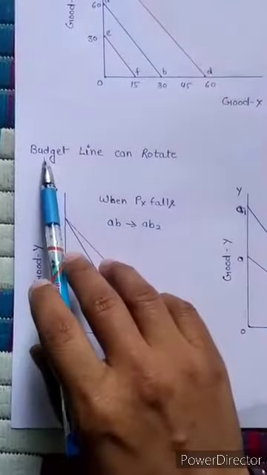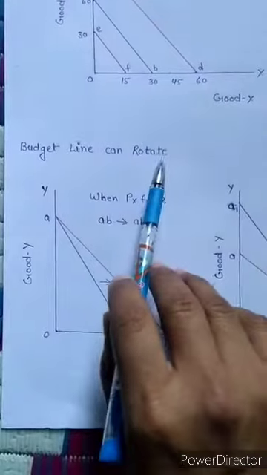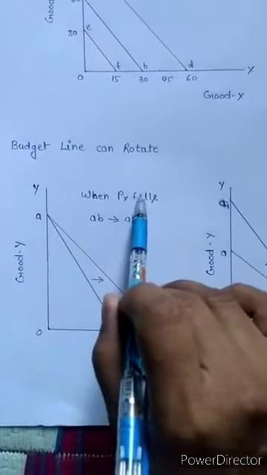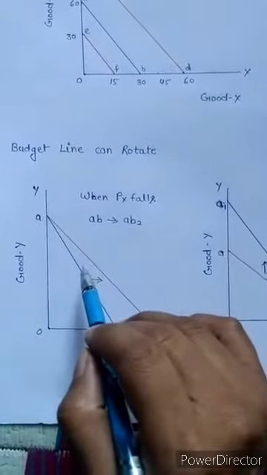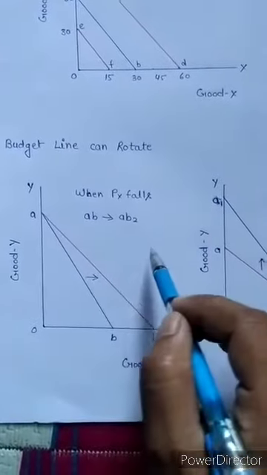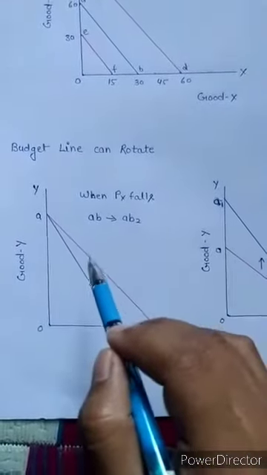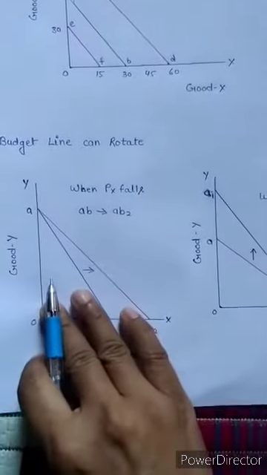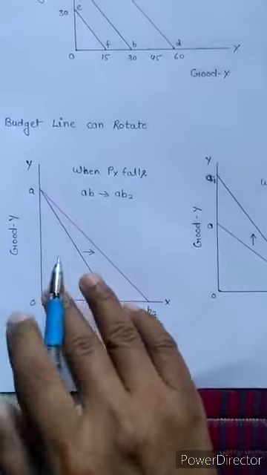Our next point is that the budget line can rotate. Yes, the budget line can rotate to the right and it can rotate to the left when the price of a commodity increases or decreases.